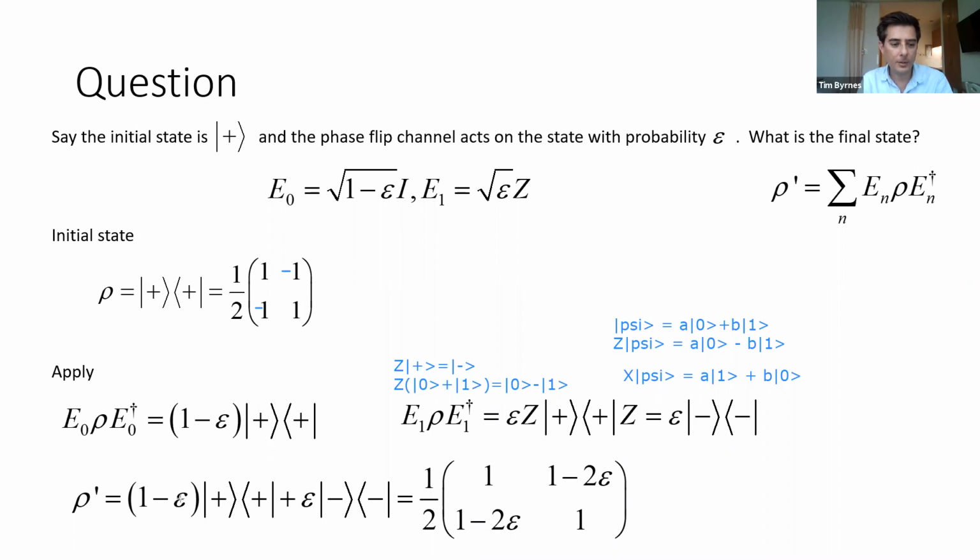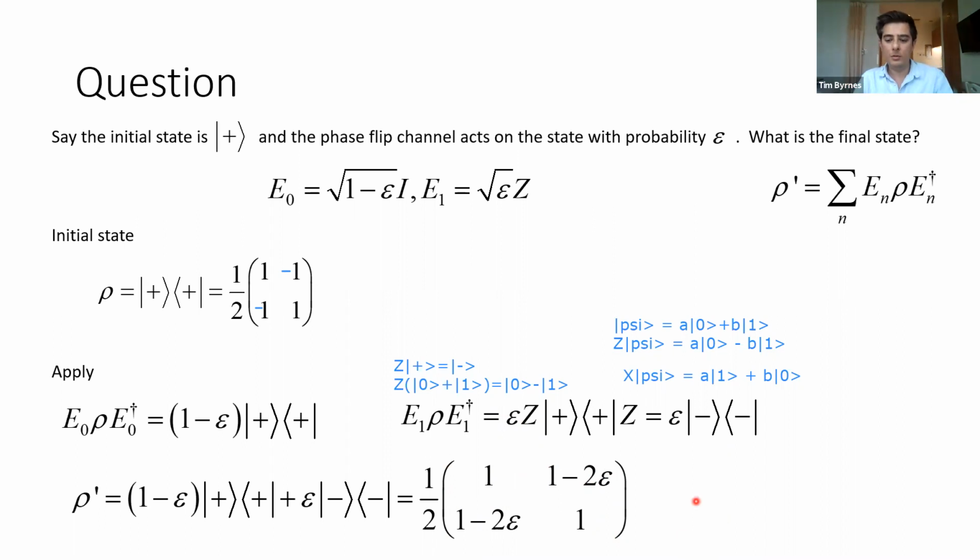So the diagonal elements are 1 minus epsilon and epsilon. So actually, there's no dependence on the epsilon on the diagonals. But because the off diagonal has an extra minus sign, it's going to be 1 minus epsilon for the plus term, and then minus epsilon. So it's 1 minus 2 epsilon. So that's the state that you get. Hopefully you got that.